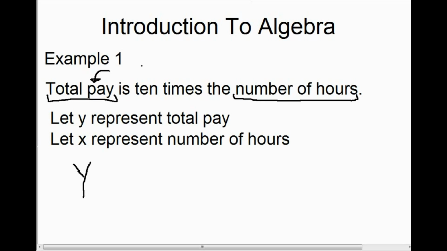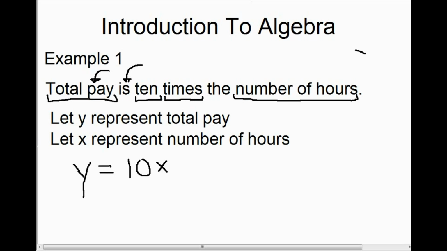Next we have the word is. Is in a math sentence is usually written as equals. And now we have 10 times the number of hours. Well, if I start with 10, to translate that in a math sentence, I can simply write the number 10. Times is usually written using this symbol.